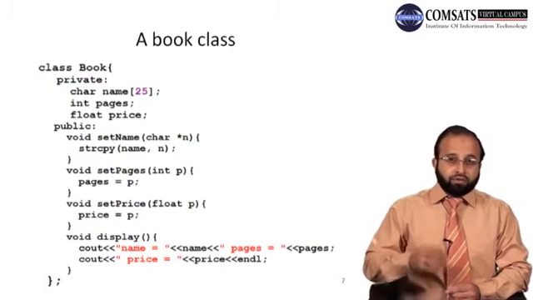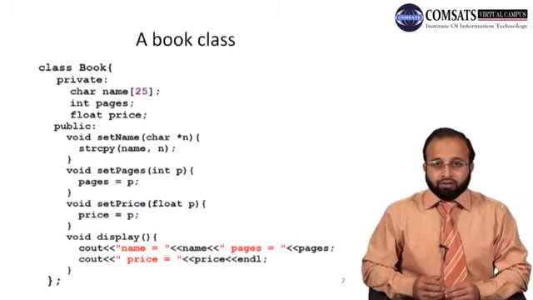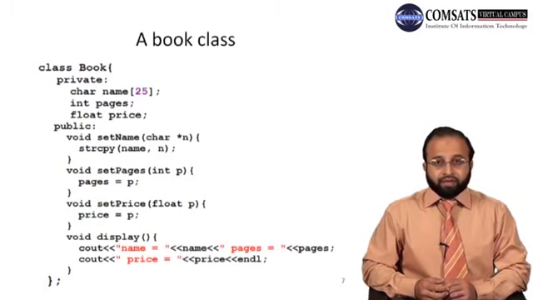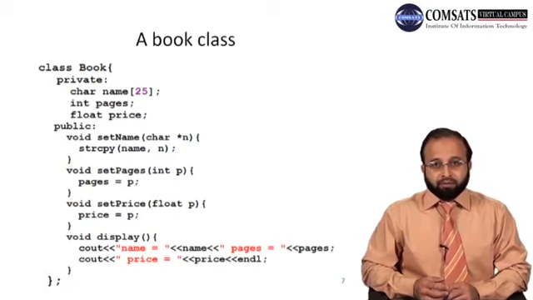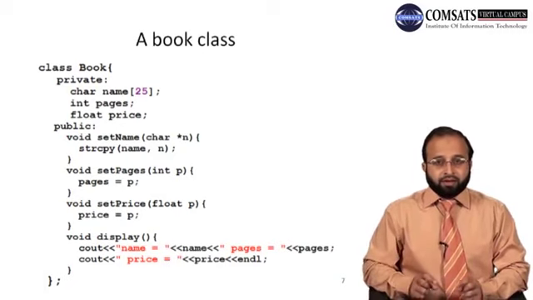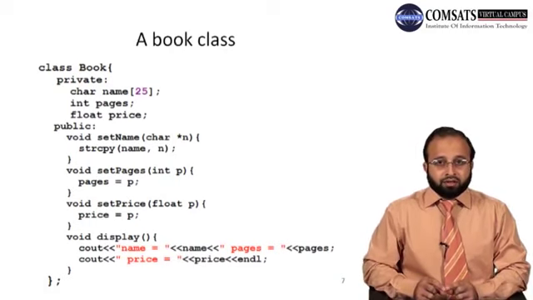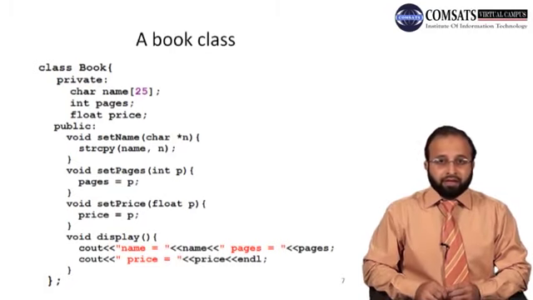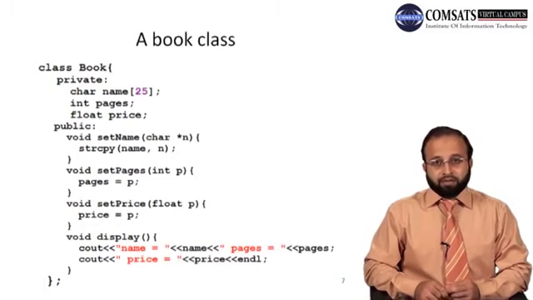So to enforce this in an object oriented programming language, we have the access specifiers private and public. We usually make the data members, that are the attributes or fields of the class, private, and the behavior, that is the functions, public.